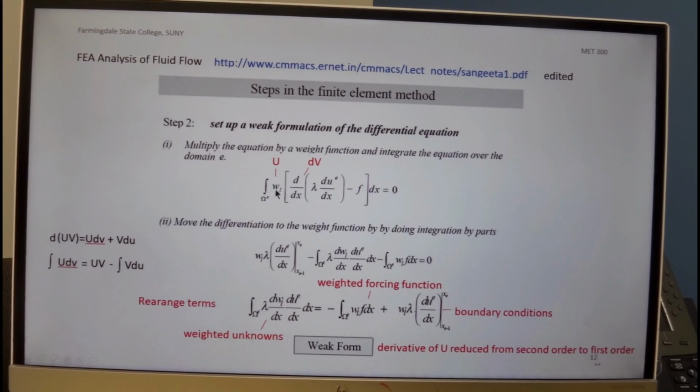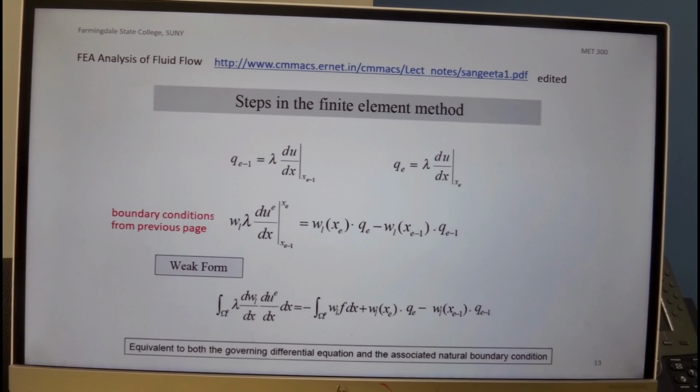And then we have a leftover integral of wf, which is carried over here with a minus sign. This has to be 0, and we rearrange the terms, and we find the weak form of the same equation that we saw previously in the exact solution.